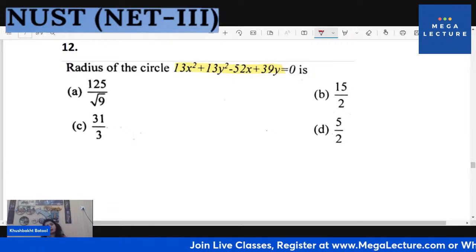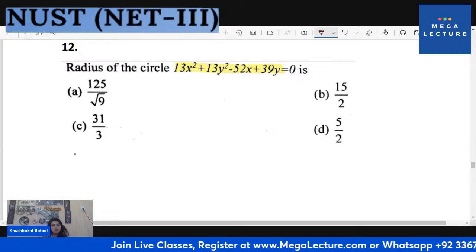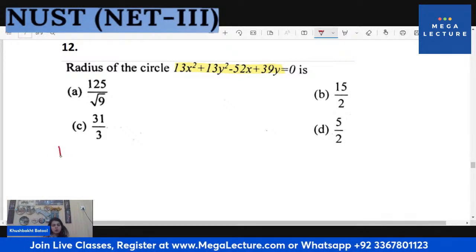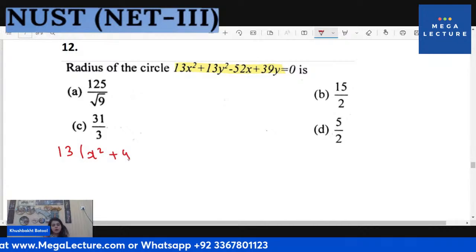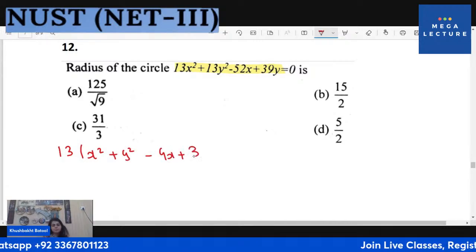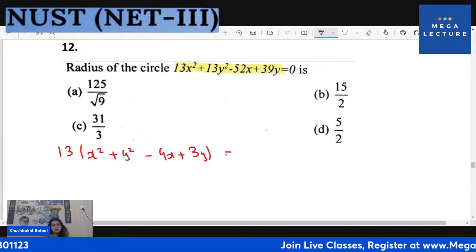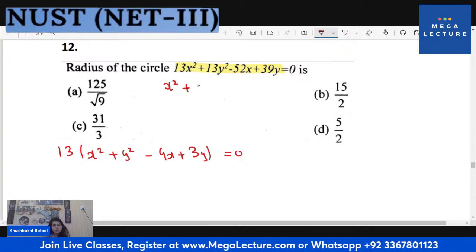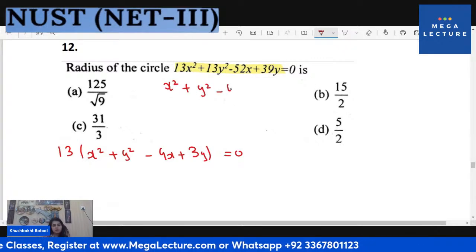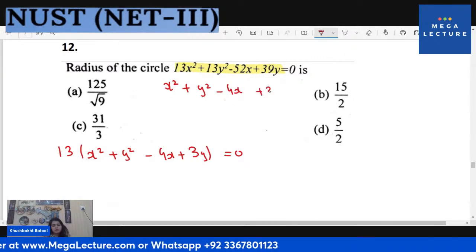So I need to convert it to the general form first by taking 13 common because 13 is coming in all the terms. X squared plus y squared minus 4x plus 3y equals 0, and then 13 can be taken on the other side. So I can write it as x squared plus y squared minus 4x plus 3y equals 0.